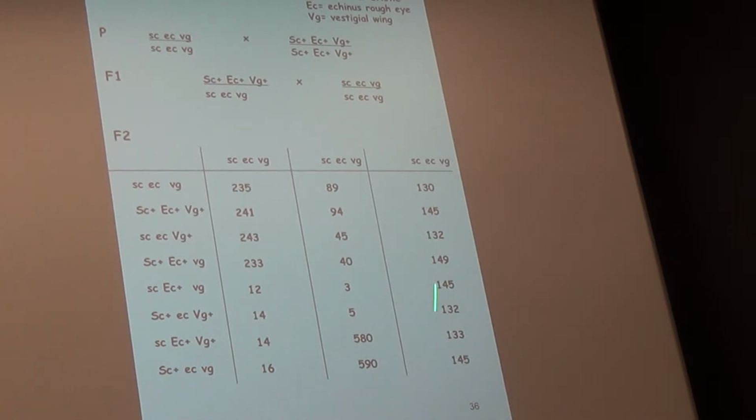This one, or this one? Middle one. The middle one looks like a classic three-point cross. There is one class with very large numbers, one class with double crossovers, and then here are your single crossover clusters. So this pattern of numbers indicates that all three genes are linked.